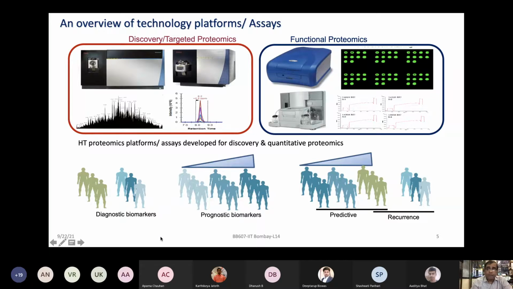So diagnostic biomarkers are the set of proteins which could be utilized to identify a disease early or very accurately. You must have heard about PSA, prostate specific antigen, which is a known biomarker test for prostate cancer, right? Like that, there are several proteins, such as the cancer antigen proteins, CA proteins.